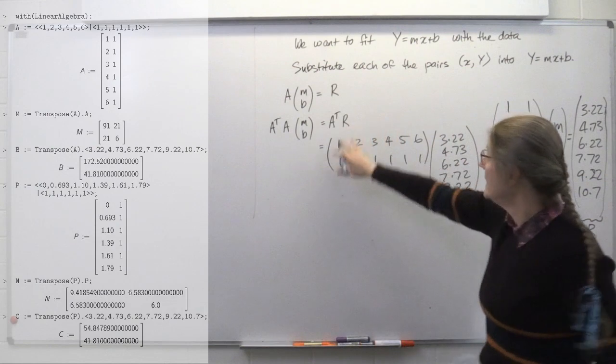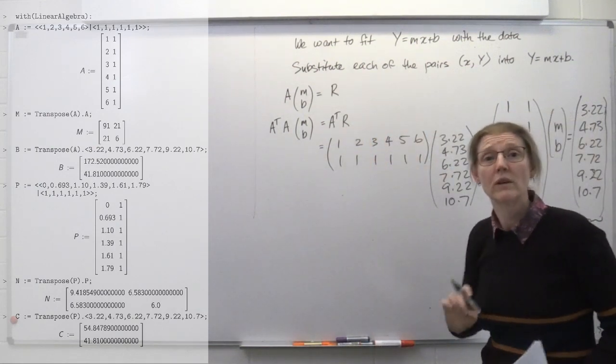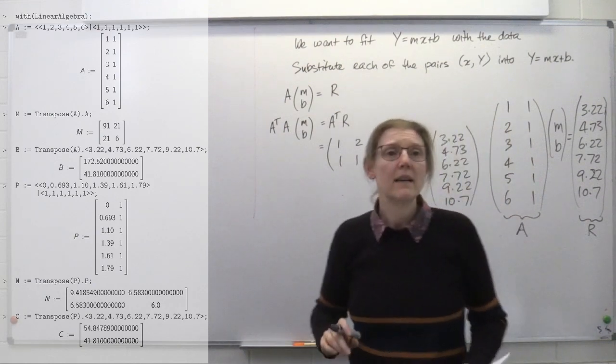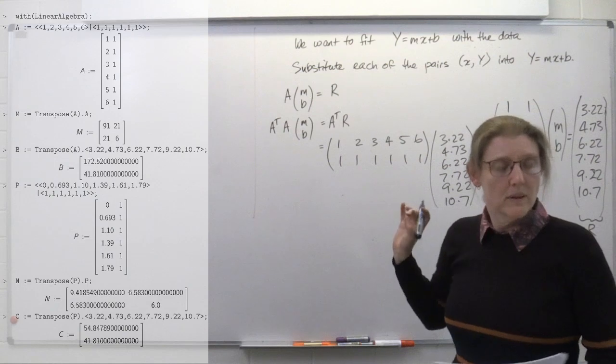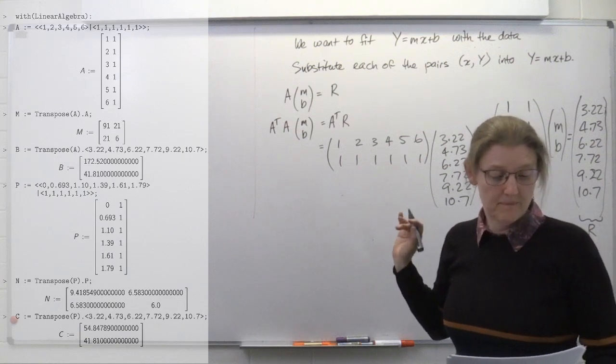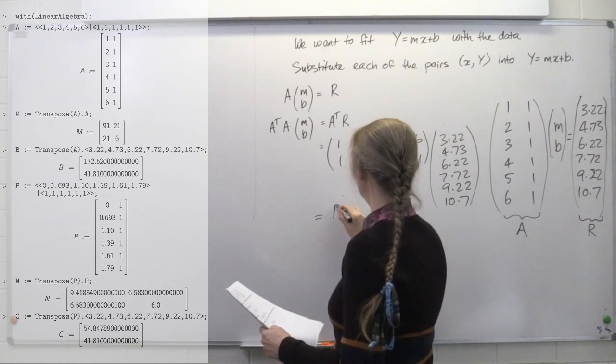This bit here is in the Maple code. If you look, you can see that it's actually the Maple matrix B. So this bit is equal to B.